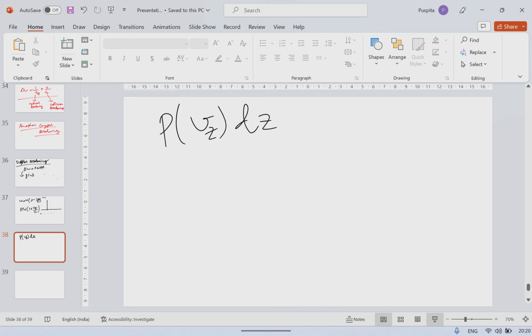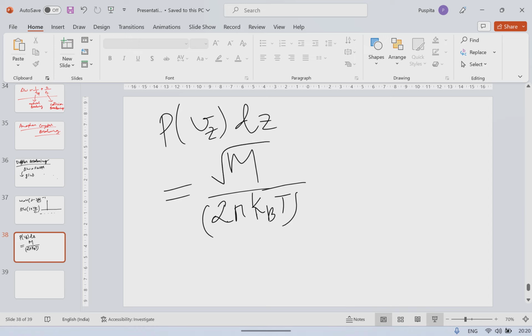According to the Maxwell distribution, it will be (m over 2 pi kB T) to the power half, times exponential of minus m vz squared over 2 kB T, times dvz.